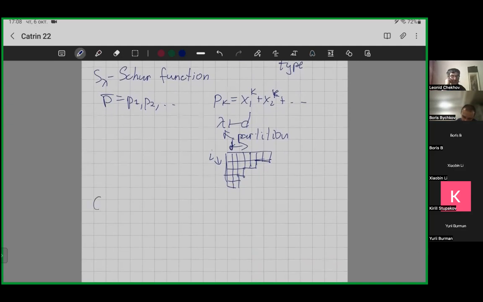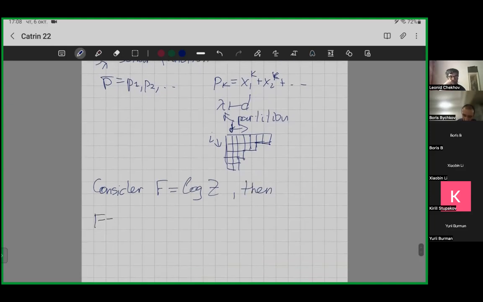Let's consider F equals log of Z. Then the coefficients of this series F in front of the monomial p mu1 etc. p mu n are the generalized Hurwitz numbers H G mu.